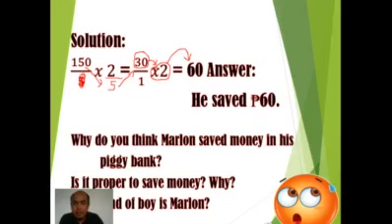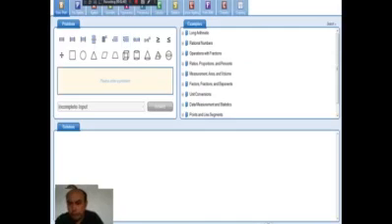Alright, so may we find more ways to prove that our answer is correct. So here we are in the Bagatrix. Here we will put the amount, which is the 150 pesos.